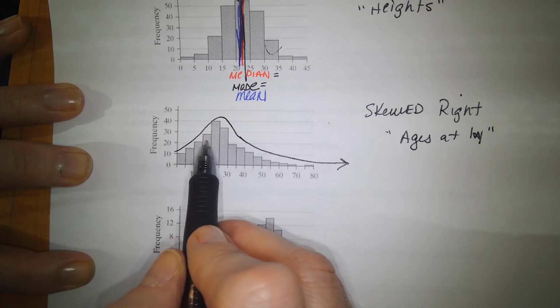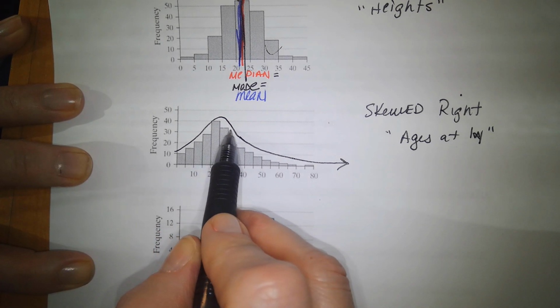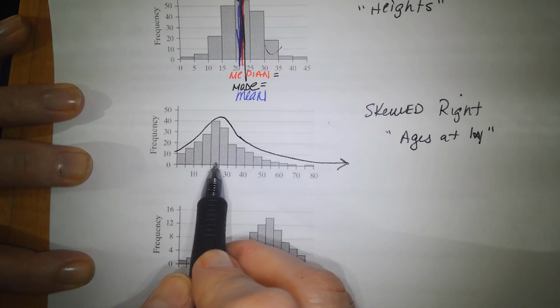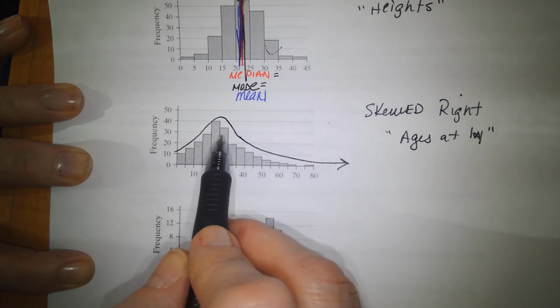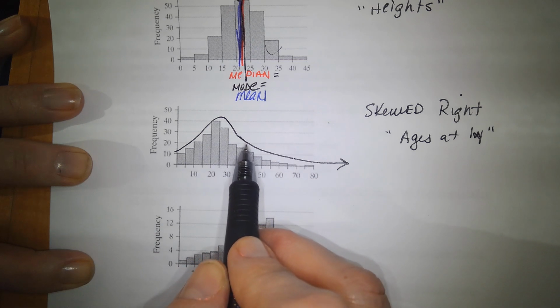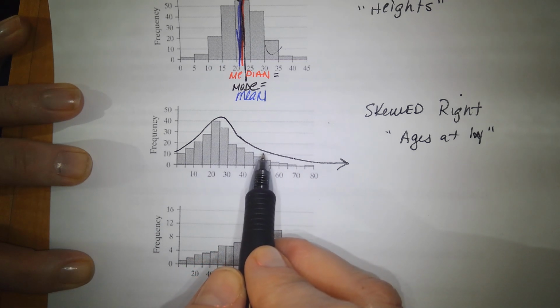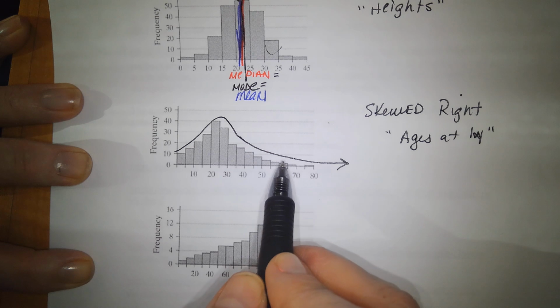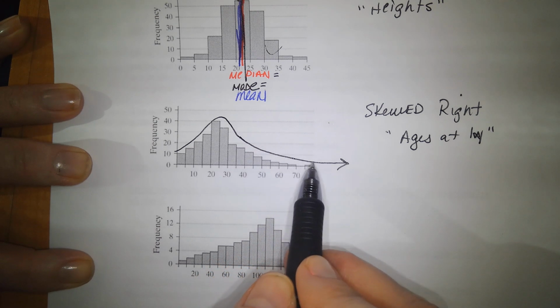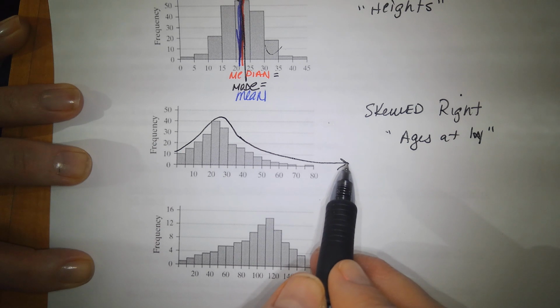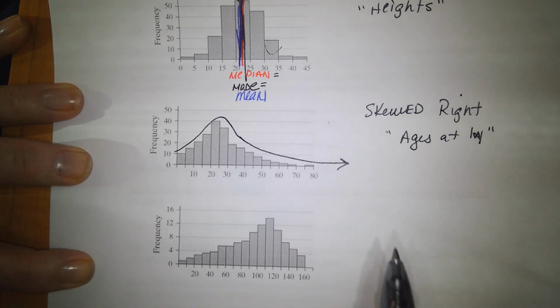Most students at Ivy Tech are somewhere between the ages of 18 to 25. Very small amounts of ages, low in number. Clearly, there are some 30s and 40s, but they start to diminish as they get older. There's even some 50s, some 60s, and some 80s, but they get less and less likely to occur as we get older. This would be an example of skewed right.